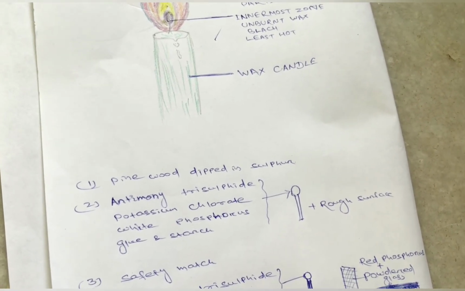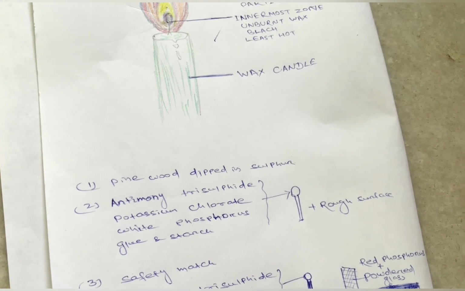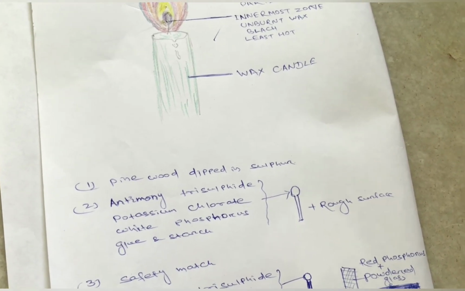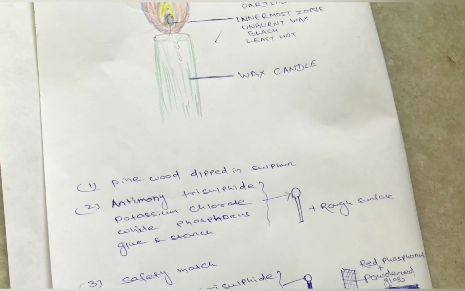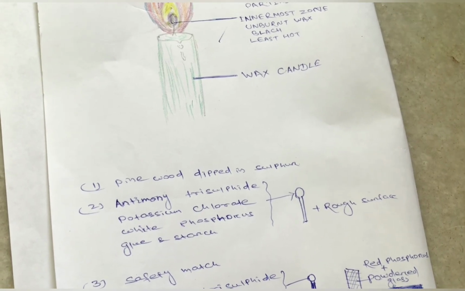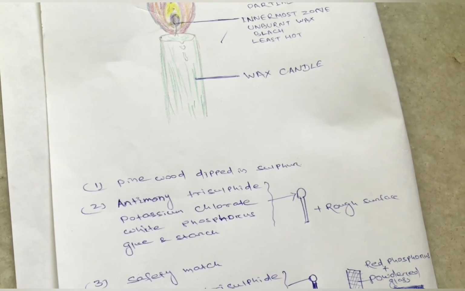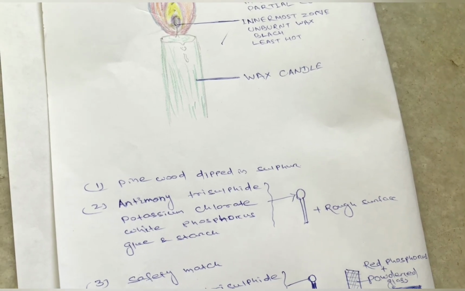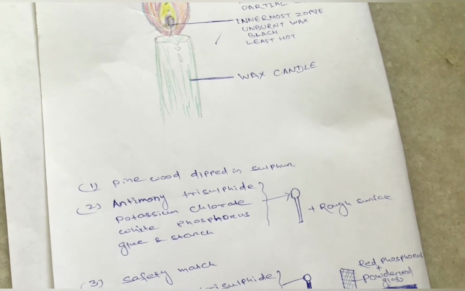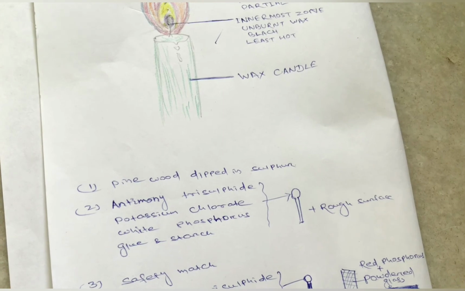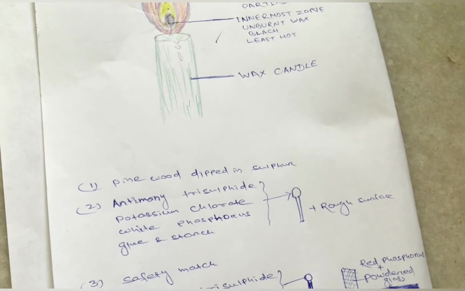That mixture is pasted on the top of a pine wood, and whenever combustion is required, we have to rub this glue along with that match on a rough surface.